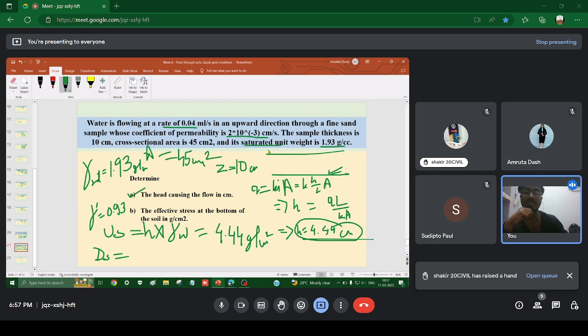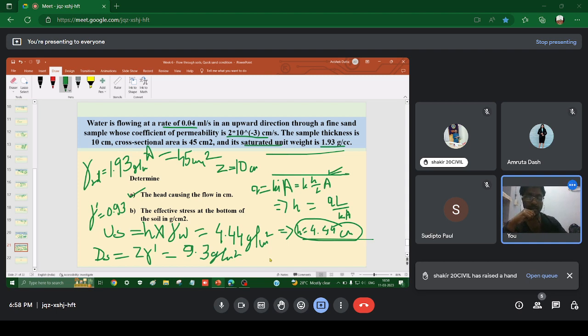Only the submerged part will have the effect on the effective stress. That is equal to, what is the submerged unit weight? Z gamma submerged equal to how much? There is 10, 0.93, 9.3 gram per cm square, okay, 9.3.